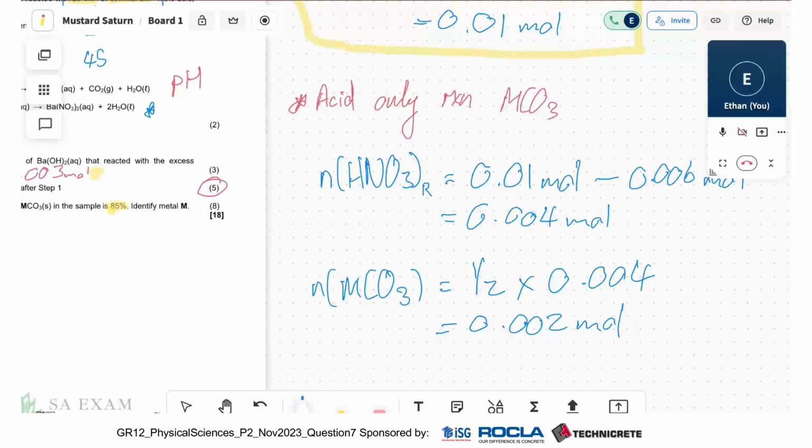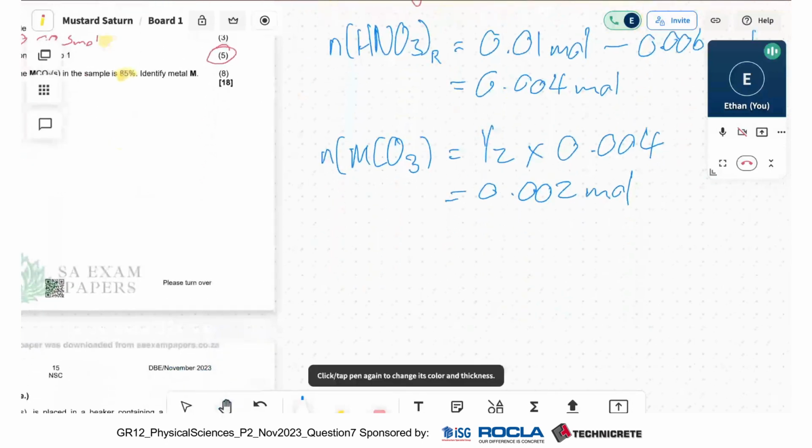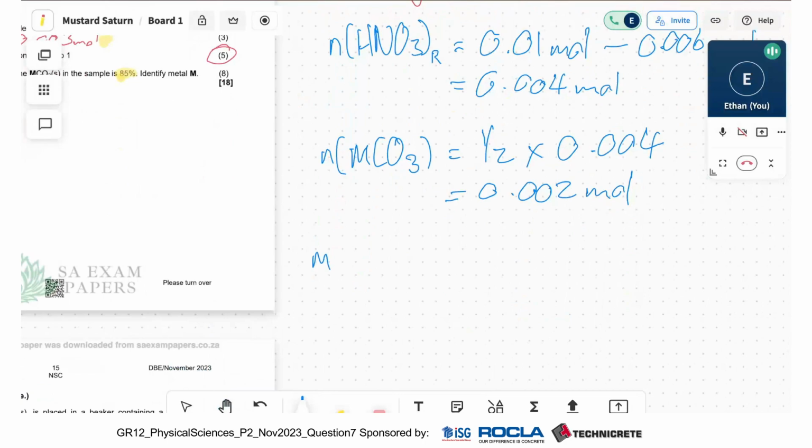Now, they've given us some important information. They've told us that it's 85% pure. So if we want the mass of the metal carbonate, this is the M, mass of the metal carbonate, we basically need to say what is 85% of 0.198 grams.